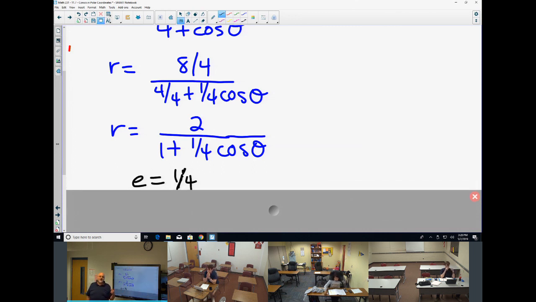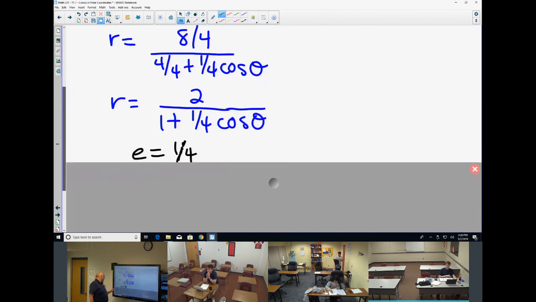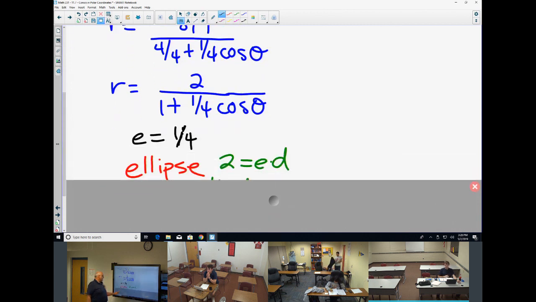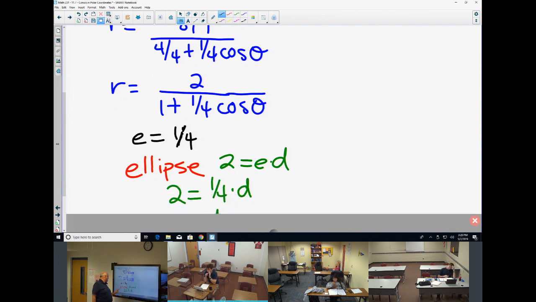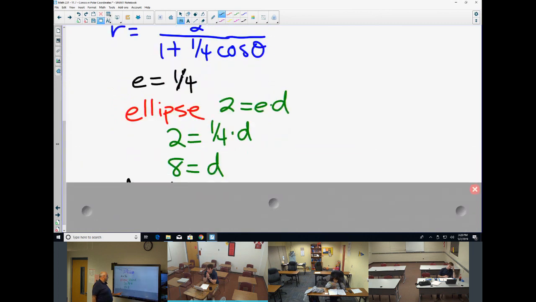So Weston, what type of conic is this? An ellipse. Okay. It is an ellipse because it's between 0 and 1. All right. Toby, what is D? I got D to be 8. Okay, so D is 8.